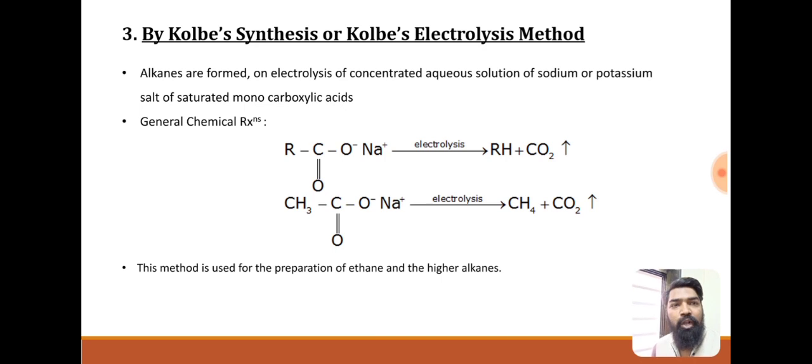The sodium salt of fatty acids on electrolysis gives you the alkane, and we have an example of the same. In this type of reaction, carbon dioxide is liberated. This method is used for the preparation of ethane and higher alkanes. Do remember this very important point, guys.